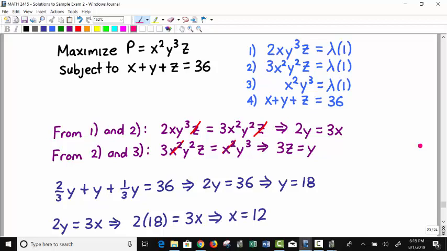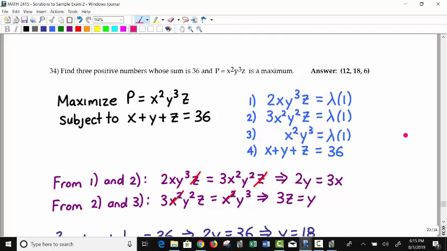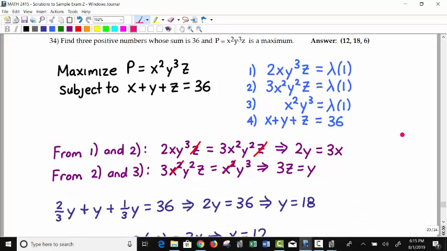So 4 variables, 4 unknowns. Let's do it. So we're just going to kind of go with them. So 1 and 2, I'm doing a lambda equals lambda thing. So I'm setting these two equal to each other. I divided out the z. Once again, these must be positive numbers, so I am allowed to divide by variables.